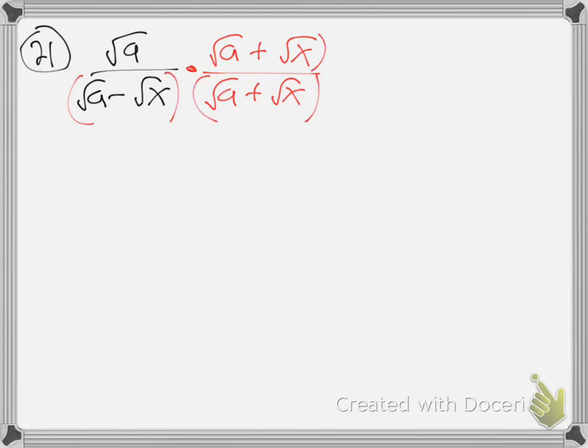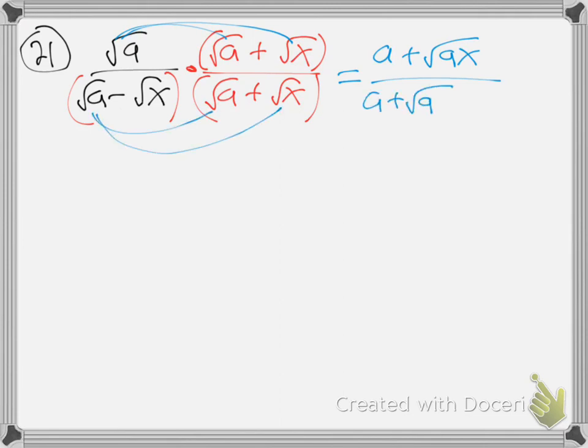So here we go. So we're going to now distribute on the top. So root A is plain A. Remember, 2 a's in a root, sends 1 out. Plus root ax. On the bottom, root A is plain A plus root ax minus root ax.